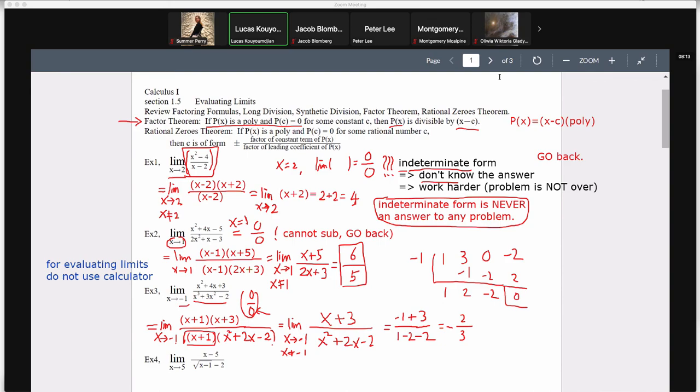We confirm it's 0 over 0. Then we rewrite the equation until, when we plug in negative 1, it shows us what the answer is. Basically, when you get an indeterminate form, by the way, we still have an hour to go. The rest of the hour we'll be talking about the indeterminate forms, so the indeterminate form is not over. This is the whole topic for the rest of the class.